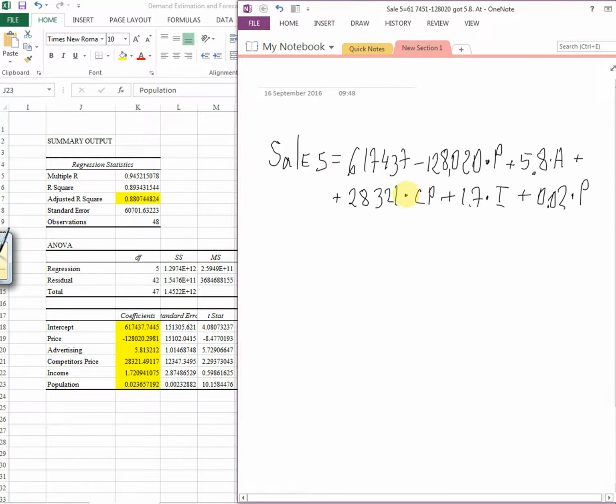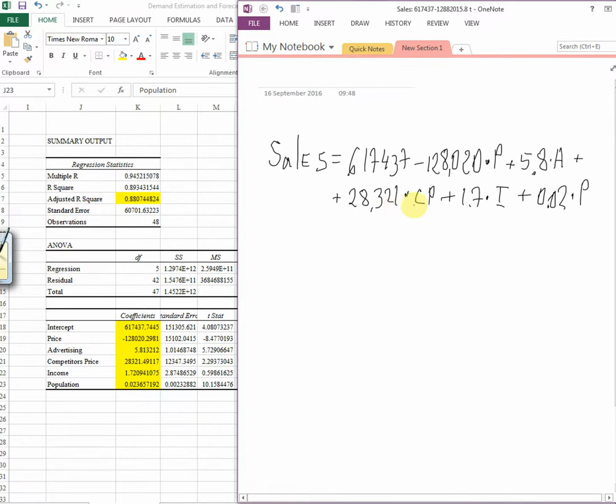Similarly, for competitor price, if it increases by £1, we will have an increase in our sales quantity of 28,321. That also makes sense, because if the competitor raises the price, then people will switch to our pies, or this company's pies.